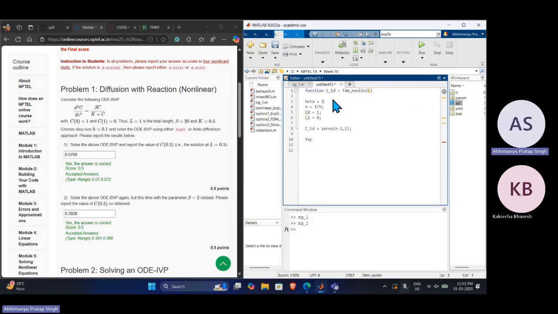The other parameter is beta. Let us take that as 20. The other parameter is k, so we take that as 0.5. And n is the number of terms, for i is 1 to n. This is a good name.